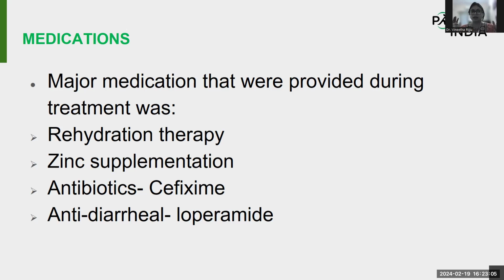So when the good bacteria are gone from the intestine, there is no provision for digestion. So curd or Sporolac, these are all ways in which you can supplement and give the good bacteria back into the intestine for digestion.